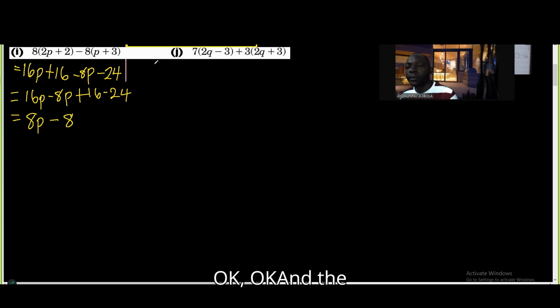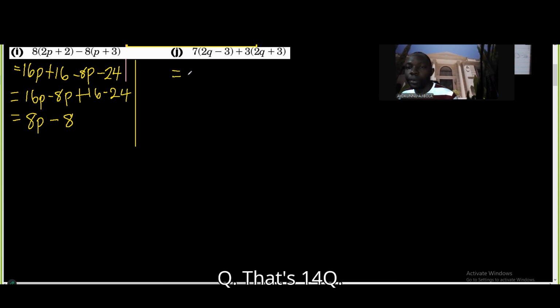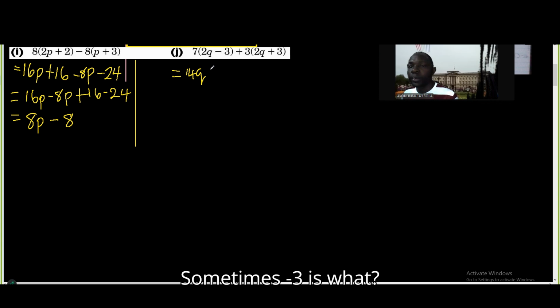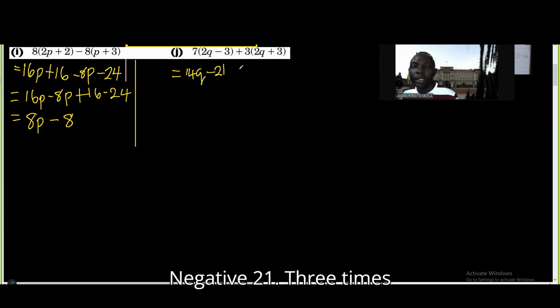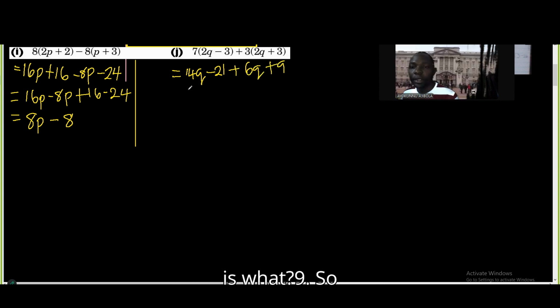Okay. And the next one, this one says 7 times 2q. That's 14q. 7 times negative 3 is what? Negative 21. 3 times 2q is 6q. 3 times 3 is what? 9.